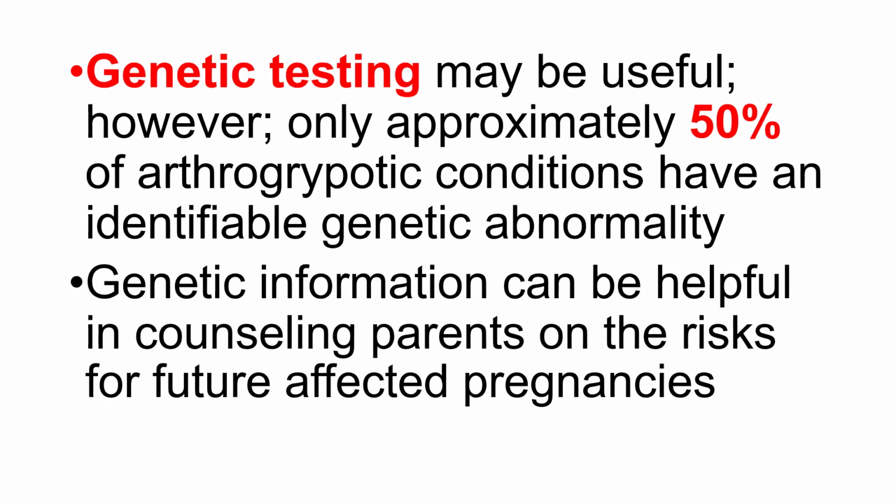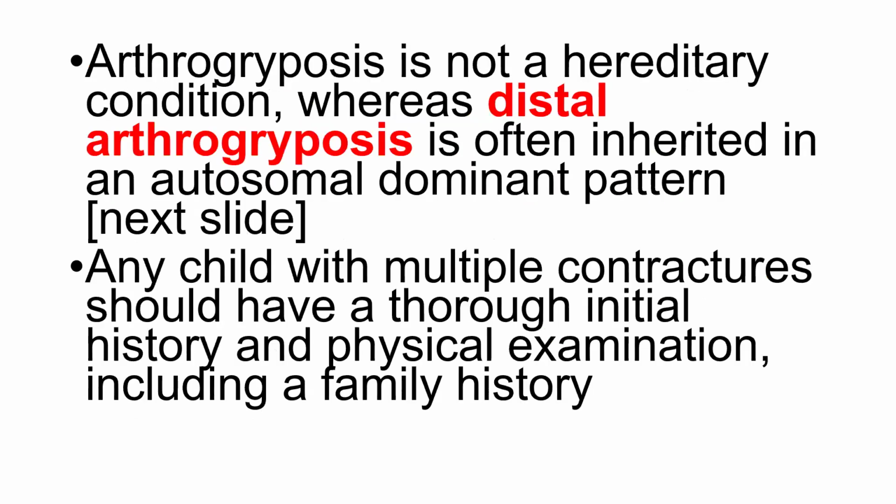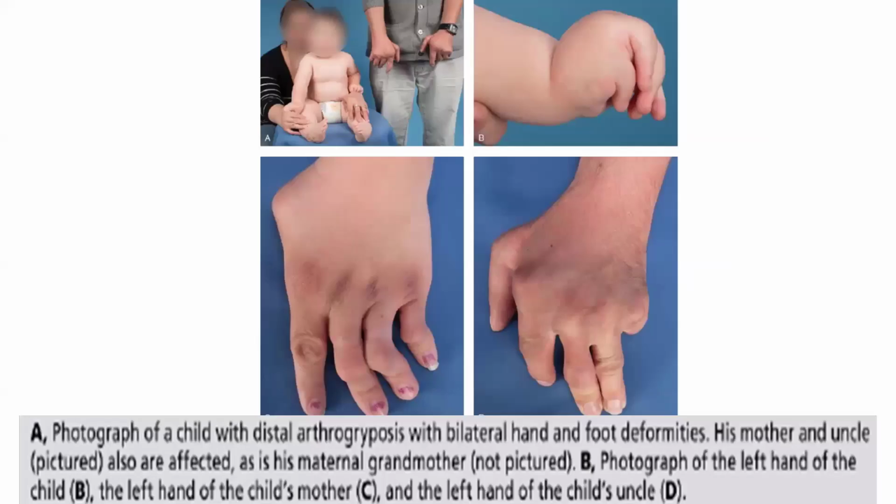Arthrogryposis is not a hereditary condition, whereas distal arthrogryposis is often inherited in an autosomal dominant pattern. Any child with multiple contractures should have a thorough initial history and physical examination, including family history. If you look at this slide, it's a photograph of a child with distal arthrogryposis with bilateral hand and foot deformity.